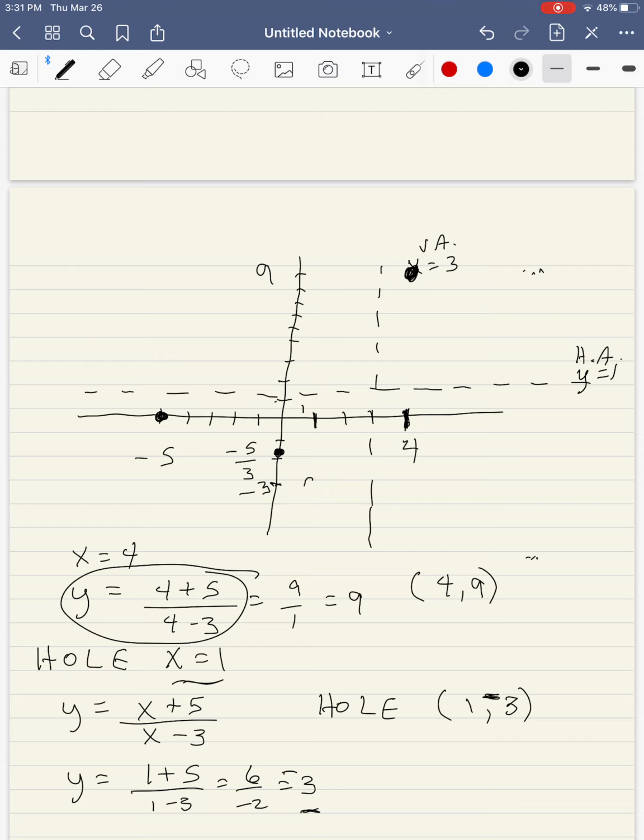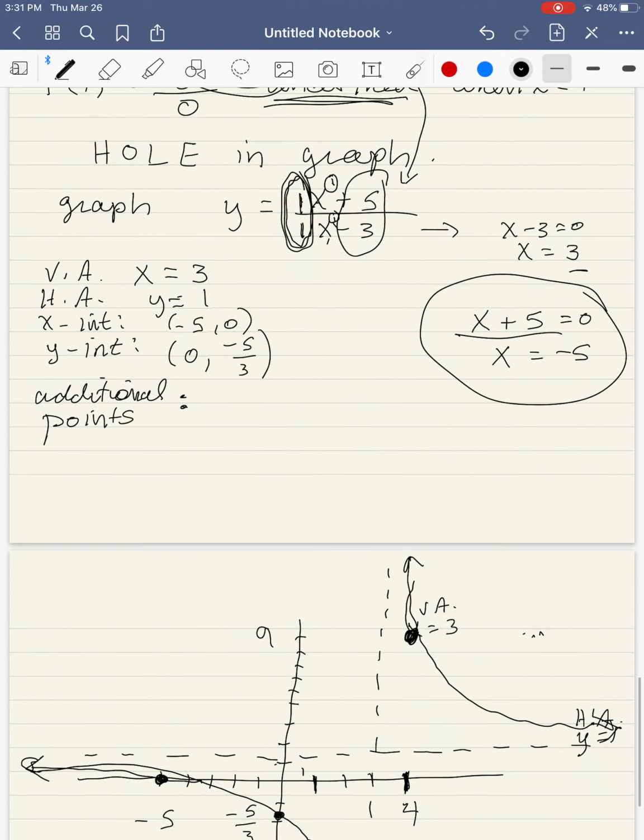So what we do is we draw an open circle right here at 1, -3, which is where my hole is. And then I see that the curve, instead of just going right through that hole, is going to jump over that hole. And I'm going to have a curve that looks like this. And we'll pretend like that touches right there. And then up here on the other side, I don't have any holes or anything to worry about. So I draw my curve up there.